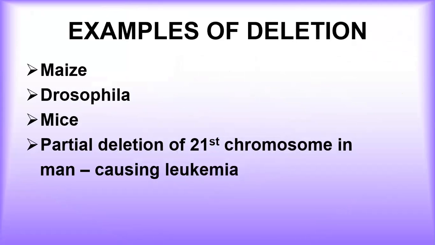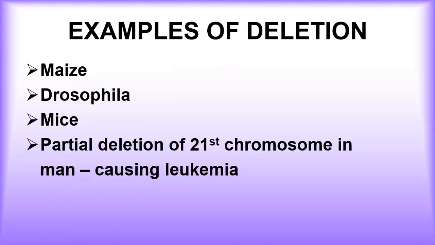So, examples of deletion are, already I've told you about cri du chat in the 5th chromosome in human beings. Apart from that, the other examples are found in maize, Drosophila, mice.